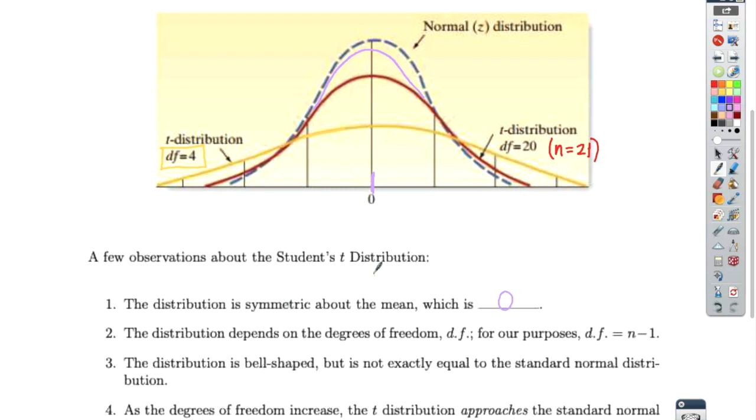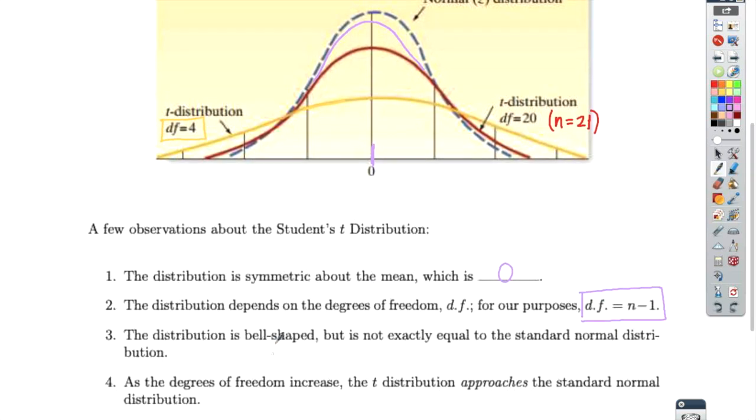Again, the distribution depends on the degrees of freedom, and for our purposes, degrees of freedom is just sample size minus 1. So whatever your sample size is, knock 1 off of that, and that'll give you your degrees of freedom. The distribution is bell-shaped, but it's not exactly equal to the standard normal distribution.